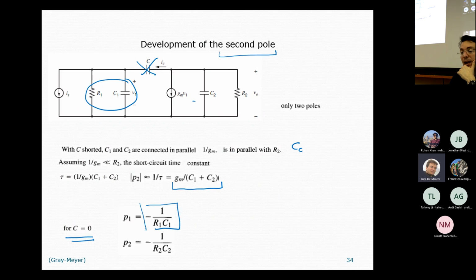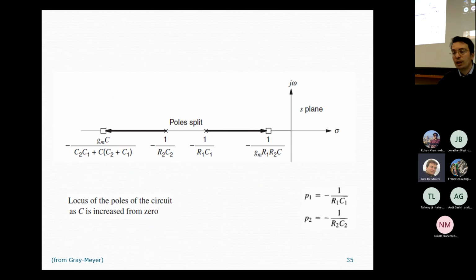The second time constant is given by the product of C2 and R2. So basically, the initial values of P1 and P2 are quite comparable. When we start adding a compensation capacitance between the first and the second stage, then the two poles tend to split.